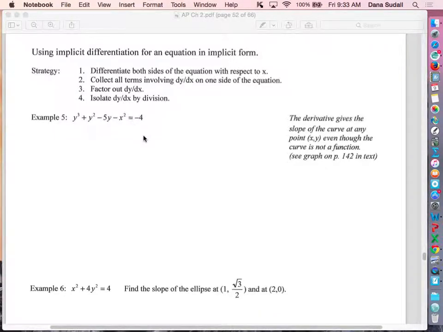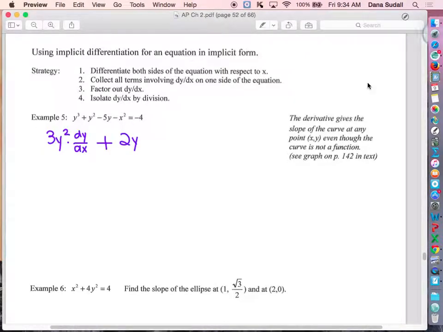All right, so if I take the derivative of y cubed, I'm going to have 3y squared. I took the derivative of something that wasn't an x, so I need to put dy over dx with it, and it's multiplied. Plus, my second term is y squared, so the derivative of y squared is 2y, dy over dx, because it was not an x I took the derivative of.